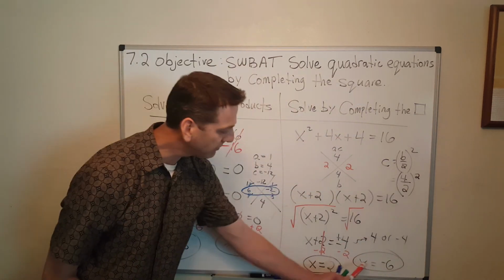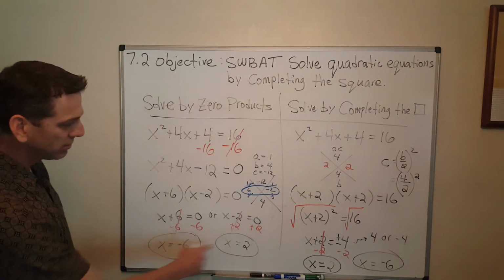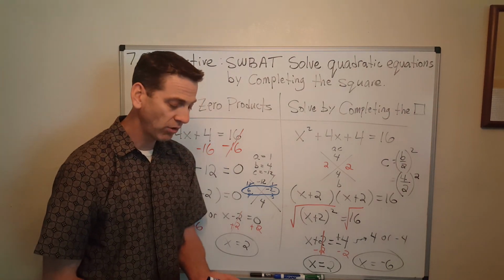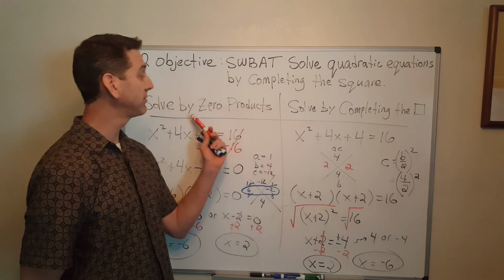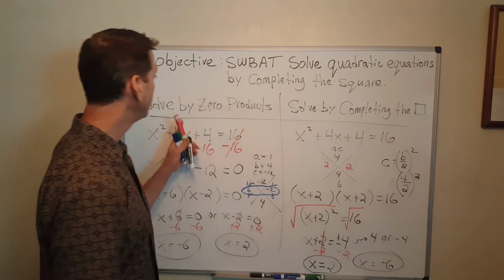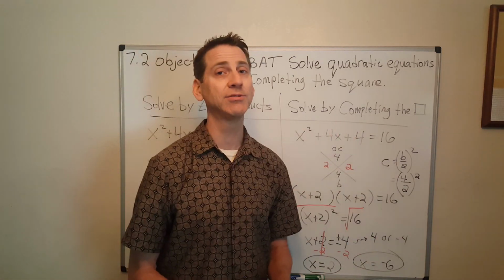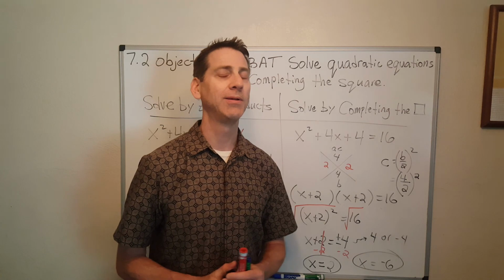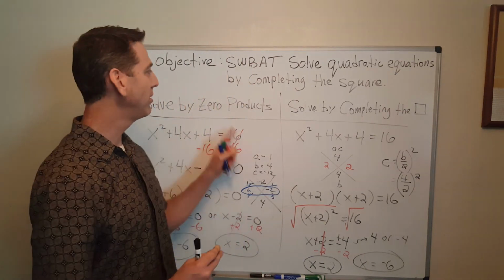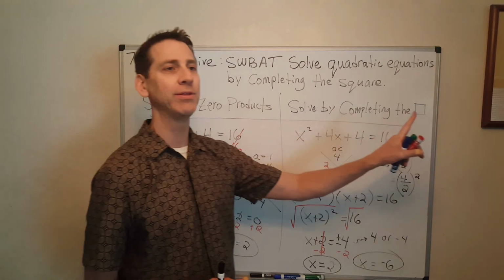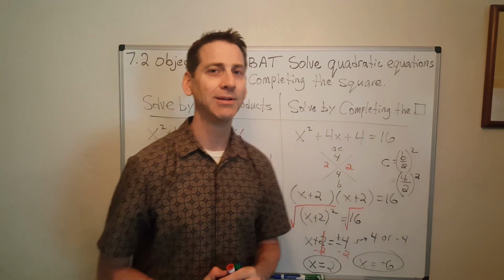Did I get the same answers? I did. So I can solve this particular quadratic equation by either using zero products or by completing the square. Now I know what you're thinking. You're thinking, Mr. Vaughn, I've already learned this. I like zero products. I'm going to stick with that. Why do we need to learn a new method? Good question.